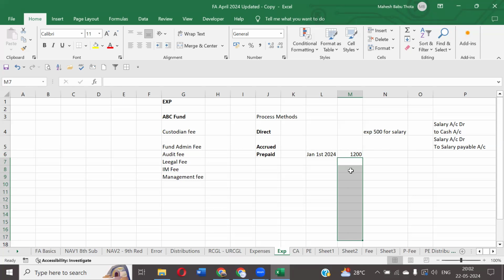Maybe we are paying it in advance, but the accounting entry should be done as an expense for every month. But what would be the entry for the prepaid? We are paying 1200 rupees. We have to account somewhere. So how do we account this? As we're paying some advance 1200 rupees, is it an asset or liability for you?